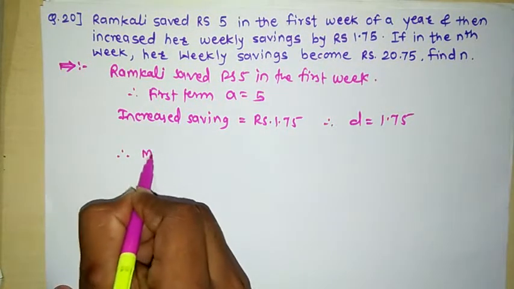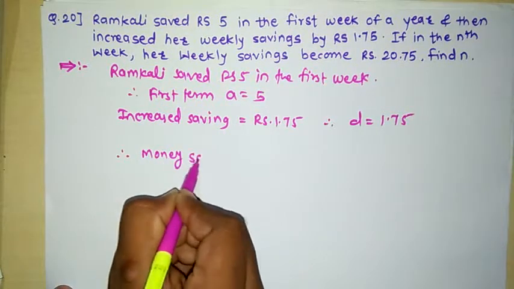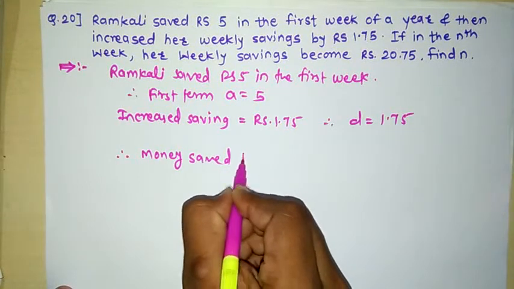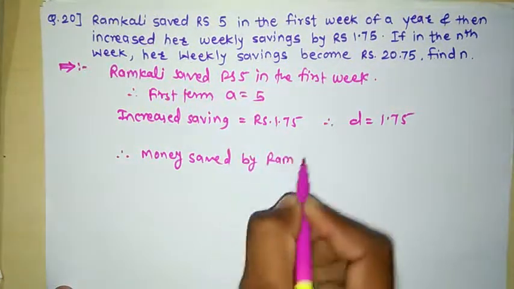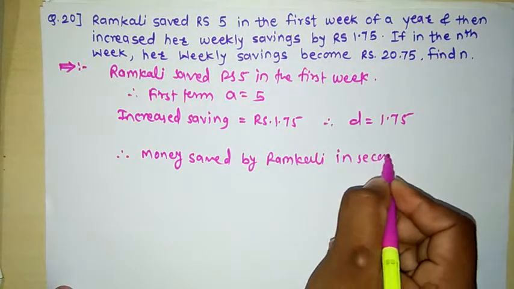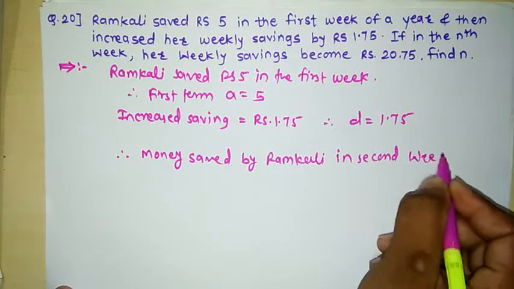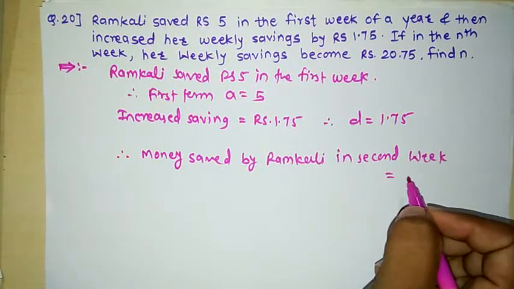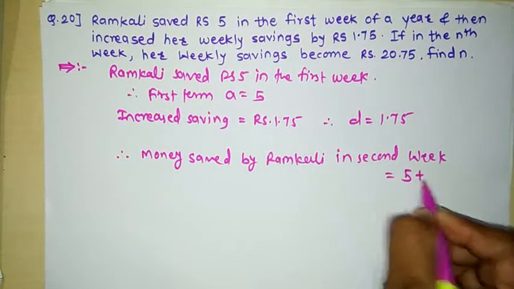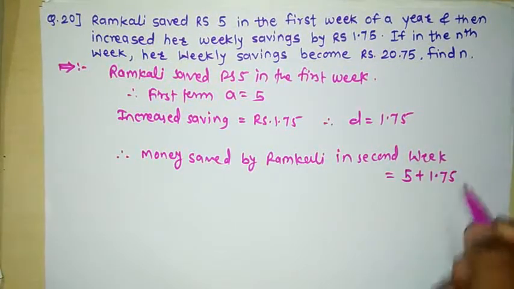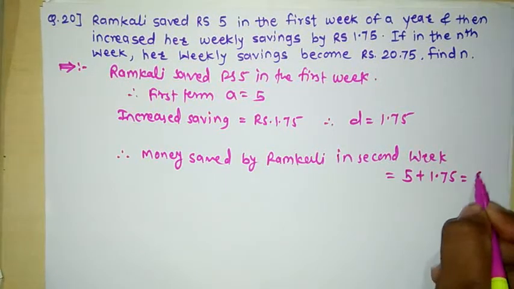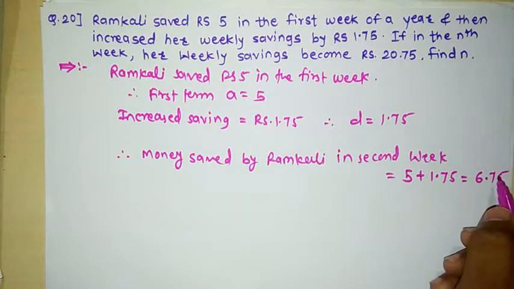Therefore money saved by Ramkali in second week is equal to rupees 5 plus 1.75, that is increased saving. 5 plus 1.75 is equal to 6.75.